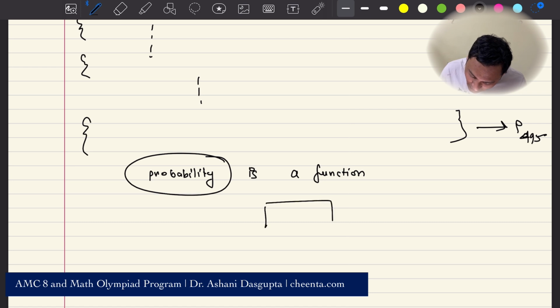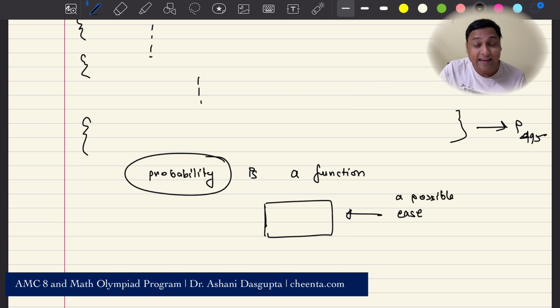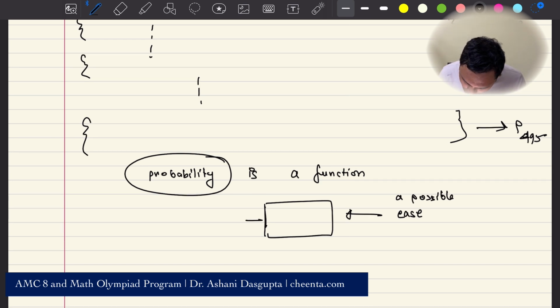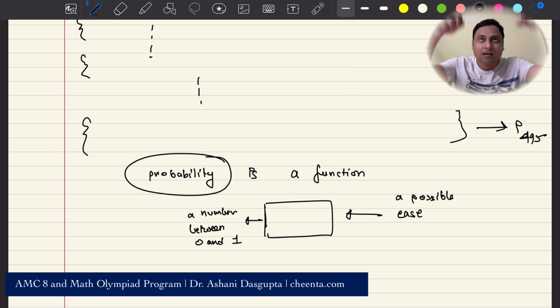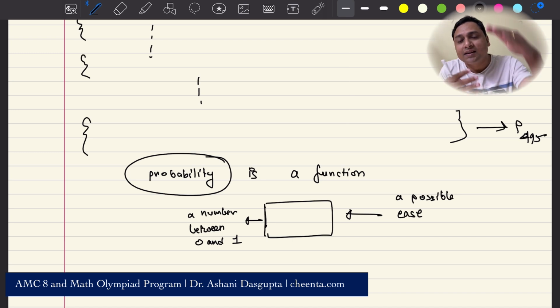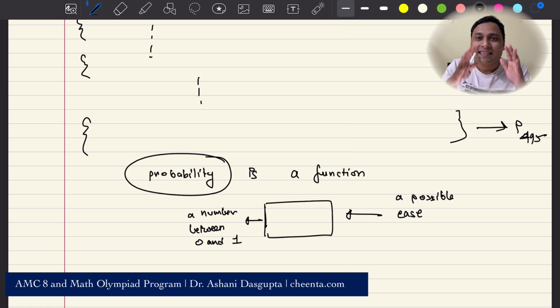It's an input-output machine which takes input as a case, a possible case, like the 495 cases that we have talked about, and the output is a number between 0 and 1, such that all of them adds up to 1. All the cases, if you add all the numbers, all the outputs, they should add up to 1. That is the crux of the matter.